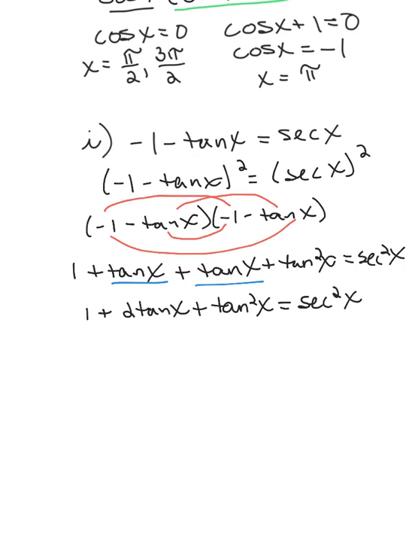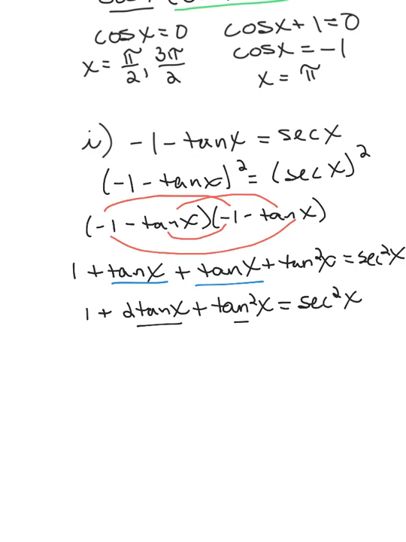So now you have to decide how you're going to use the Pythagorean identity. What you have to notice is that on the left side, we already have a tangent to the first and the tangent squared. I don't want to substitute secant for tangent because I have a tangent to the first and I can't substitute there.